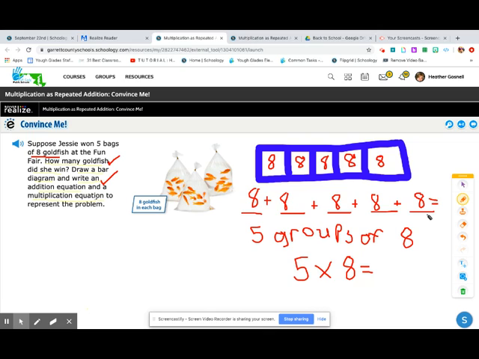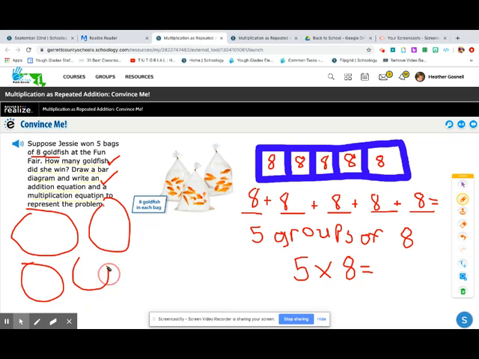And if you have to, remember, you could always draw out those 5 groups and put 8 counters in each group. And that would also give you the answer.